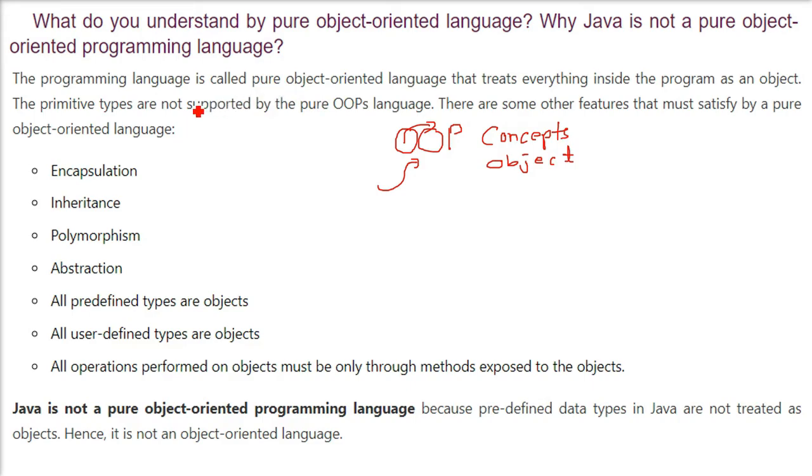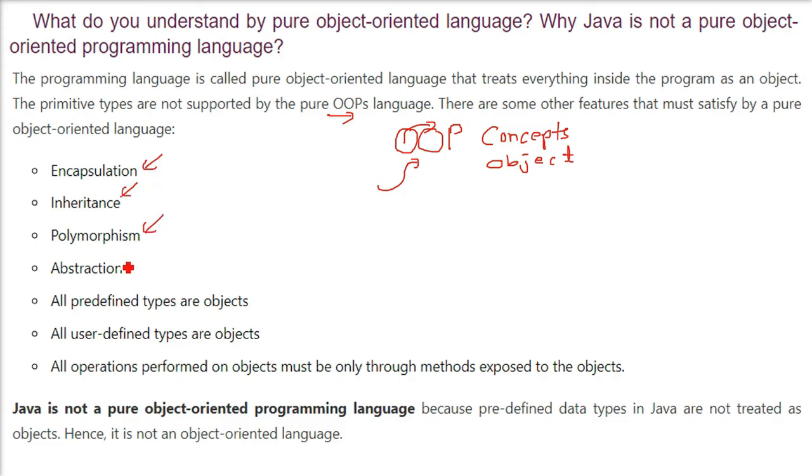There are some other features that must be satisfied by a pure object-oriented language. There are certain programming languages which are just 90 or 95% object-oriented, but we can deal with them. For example, PHP or Python, you can say that they hold that OOPS power.